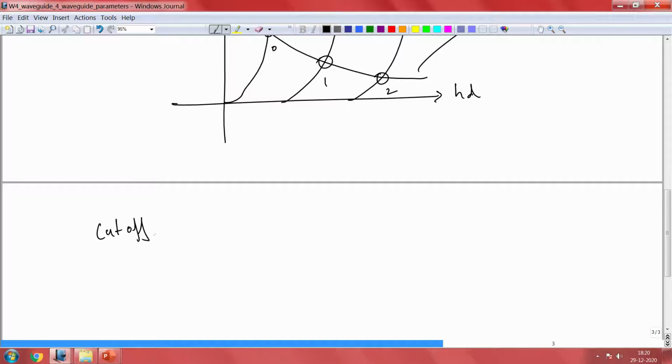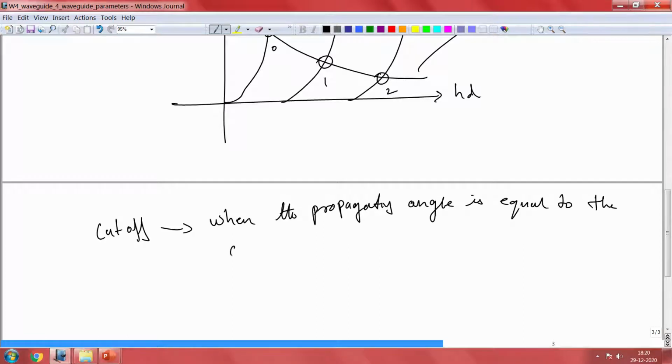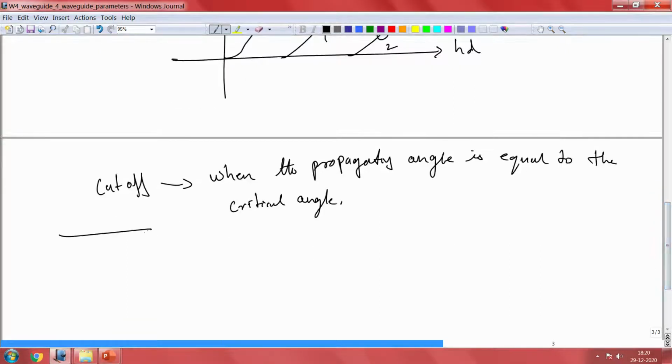So, cutoff occurs when the propagating angle is equal to, let us say, the critical angle. You remember the critical angle.